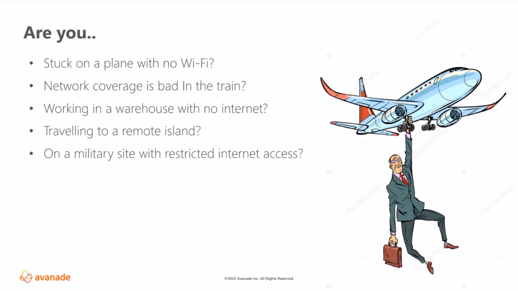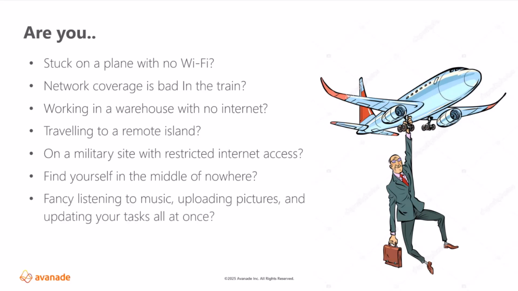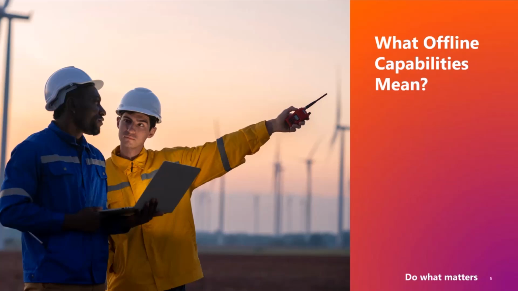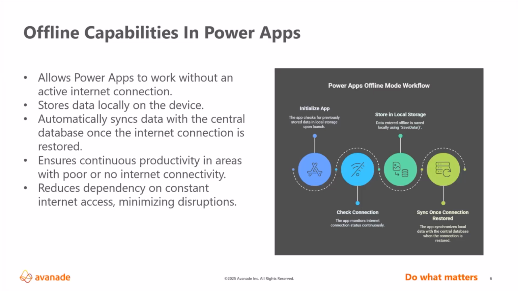Also, if you are on the plane or somewhere where you still want to hear some music, upload some pictures, or update some tasks, Power Apps can still help you. What does it mean? Let's have a look at how Power Apps can function with the offline capabilities.